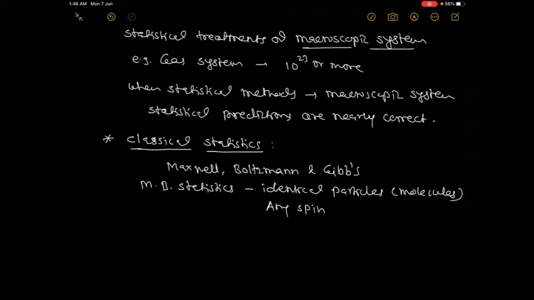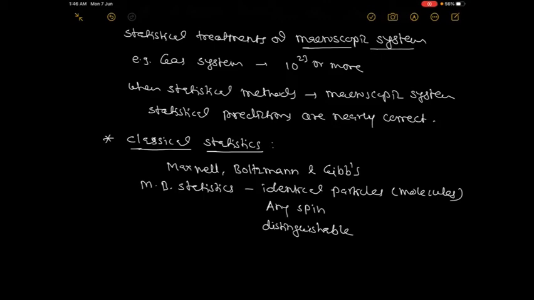They have any spin as well as all particles are distinguishable. That means individual particle can be easily tracked. Such a statistic comes under the classical statistic.